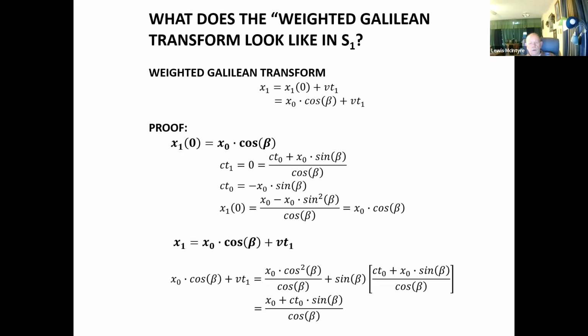Next, we determine x1 for all time by taking the Lorentz transform of ct1 in the weighted Galilean transform to find that this yields, after removing the trig identity, the Lorentz transform for x1. Thus, the weighted Galilean transform locates all the measured points of ct1 and x1 that are the Lorentz transform of ct0 and x0.